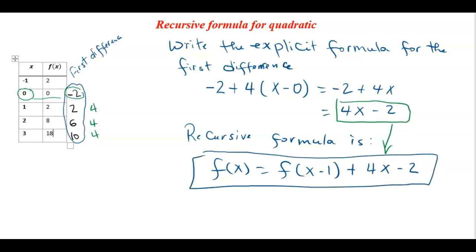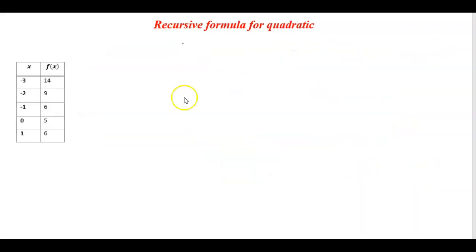Okay, so we're gonna do one more example, then that'll be it for recursive. All right, here's another example. So let's first check to see if this is a quadratic function. So 14 to 9, that's minus 5, so that's a negative 5.